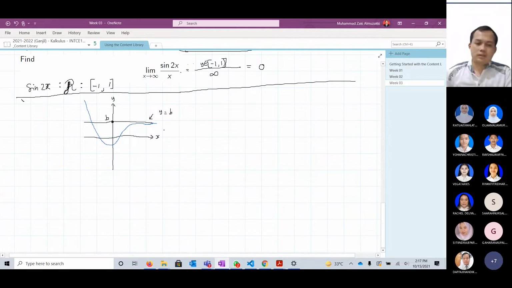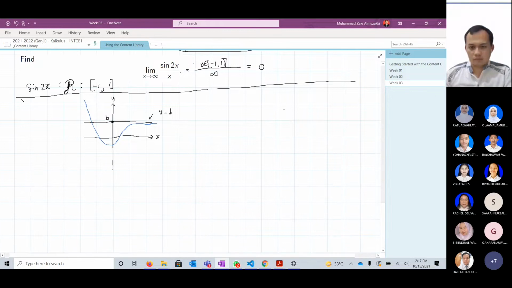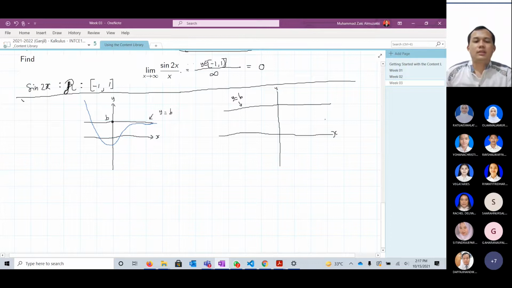Sir, can I request something, sir? Ya. Kalau yang mendekati negatif infinite gimana gambar garisnya, sir? Yeah, okay. Let's say we have y equals to b here, okay? This is y equals to b. Let's say we have a different kind of function that is a little bit more complicated.